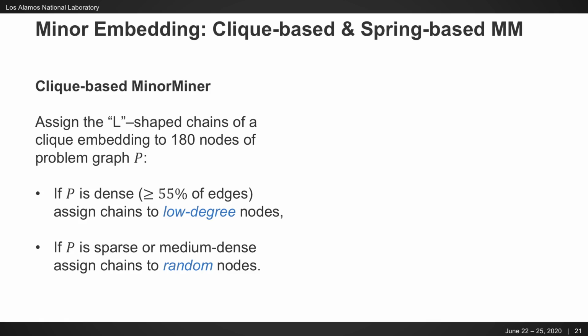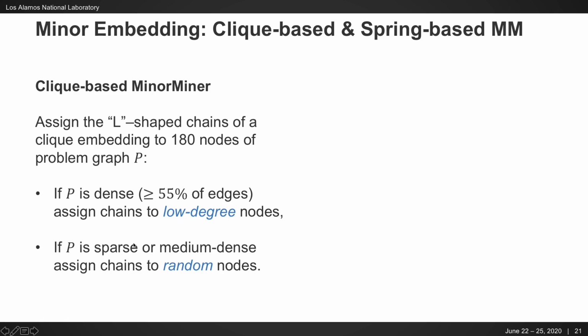Now if P is dense, we assign the chains to low degree nodes. The purpose of this is that once our clique-based MinorMiner introduces the nodes of high degree, they have good connection possibilities to the already proposed initial chains.